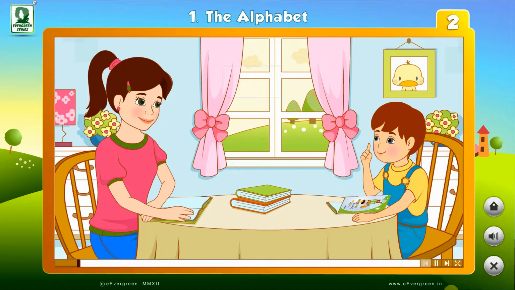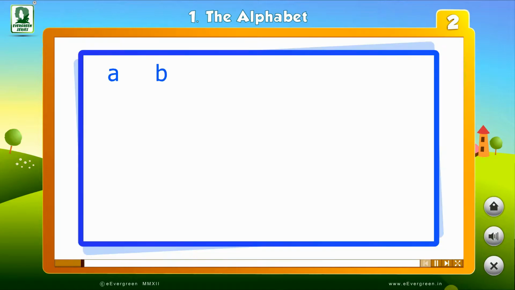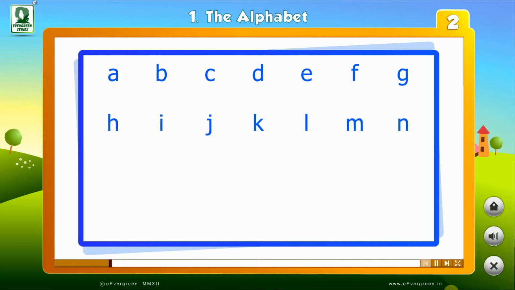These letters are A, B, C, D, E, F, G, H, I, J, K, L, M, N, O, P, Q, R, S, T, U, V, W, X, Y, and Z.